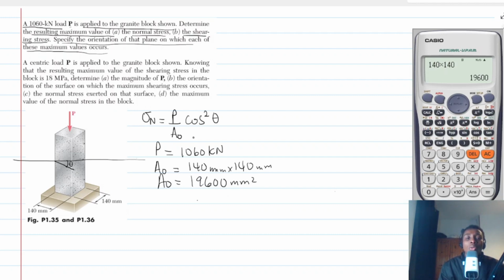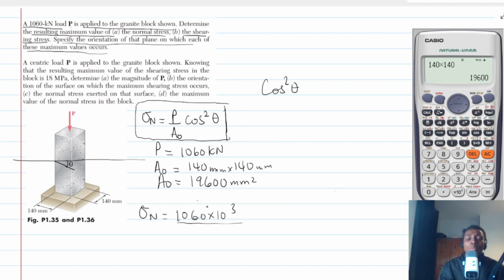The maximum value of the stress is the same as asking for the maximum value of cosine squared theta, which occurs at theta equals 0. So the maximum stress will be 1060 times 10 to the power 3 divided by 19,600 millimeter squared, times cosine squared theta.